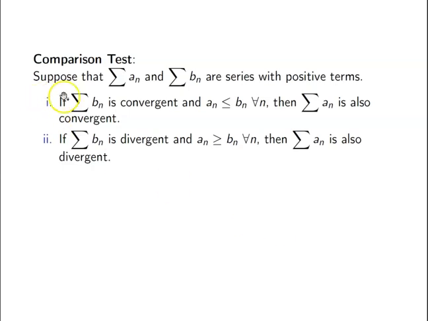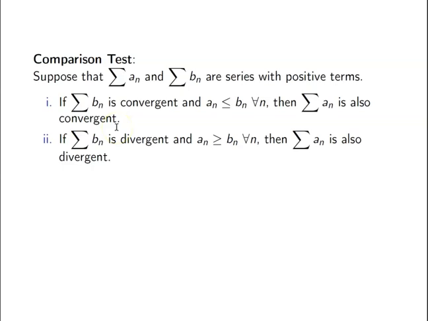The comparison test says that, say we have two series, one that I'm given and then one that I'm using to compare against the one that I'm given, that has all positive terms. If my second series, the one that I'm coming up with, is convergent and it is larger in value everywhere than the given series, then the given series is also convergent, right?